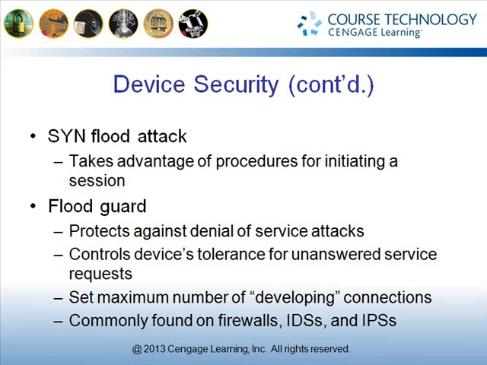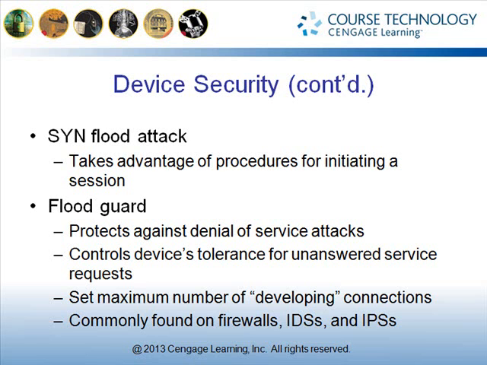As a defense against these attacks, there is something called a flood guard. A flood guard is a feature that controls a device's tolerance for unanswered server requests, which serves to prevent a denial of service attack. A network administrator can set the maximum number of half-open connections that the device will tolerate.